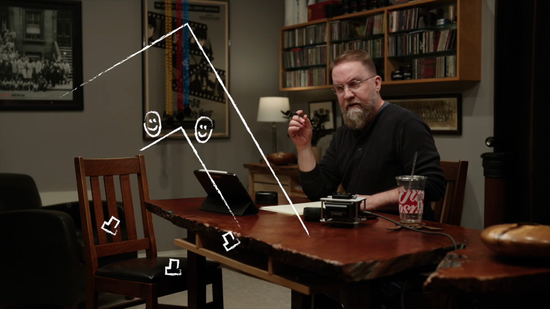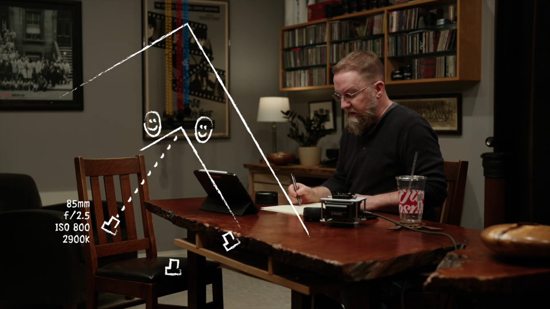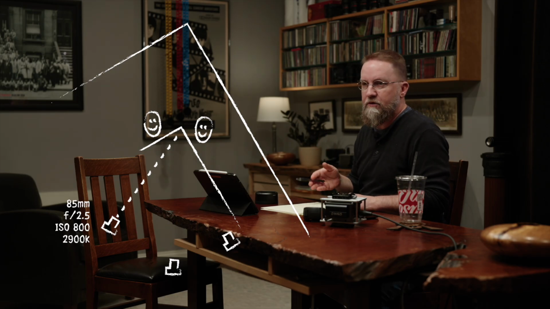It's an 85mm. It is at 2.5. ISO is 100, 2900K, but there's no green or magenta shift, so everything is set straight up. My 85mm 1.8 Sony lens, for some reason, tends to lean toward magenta, so it doesn't need the shift. It's also 25 degrees over and it's 10 feet off.